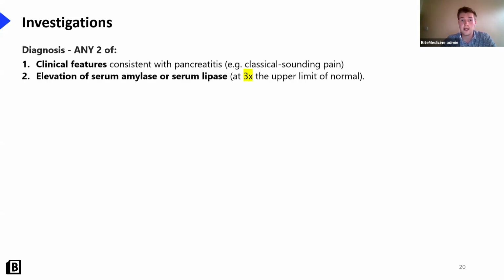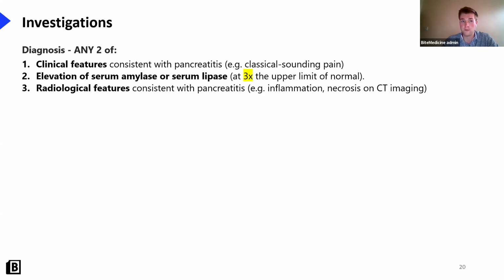The second is elevation of serum amylase or serum lipase. These are both examples of pancreatic enzymes, and the elevation must be three times the upper limit of normal. And our third criterion is radiological features consistent with pancreatitis, e.g. inflammation or necrosis on CT imaging.